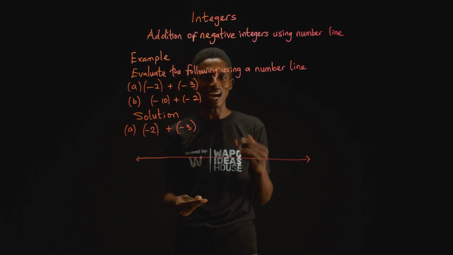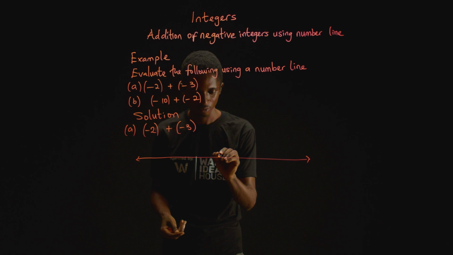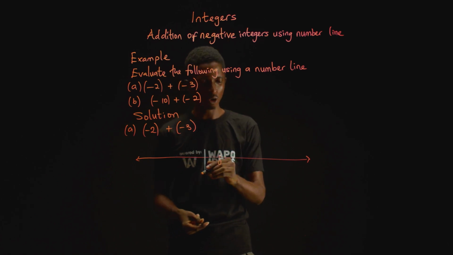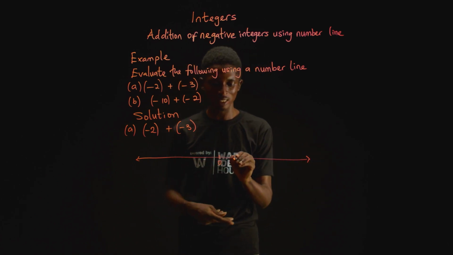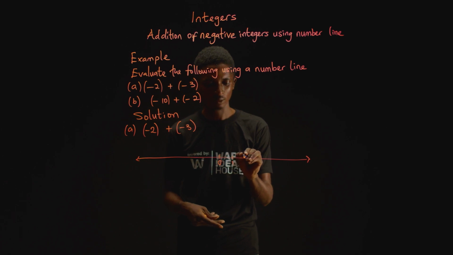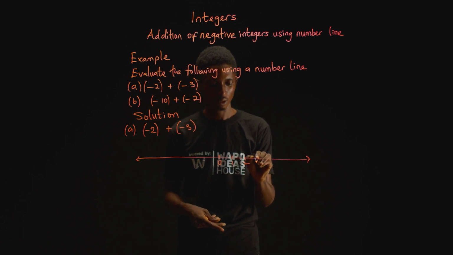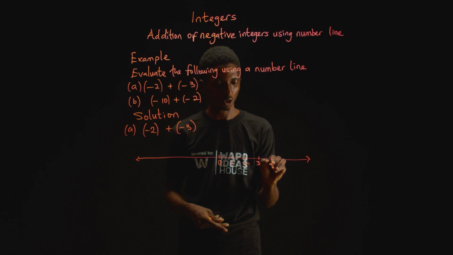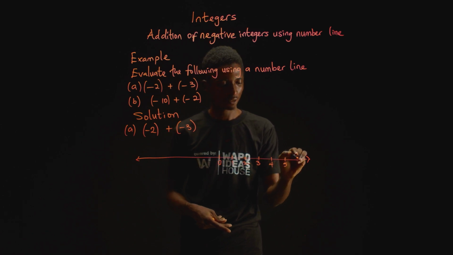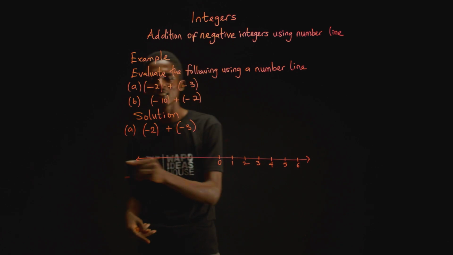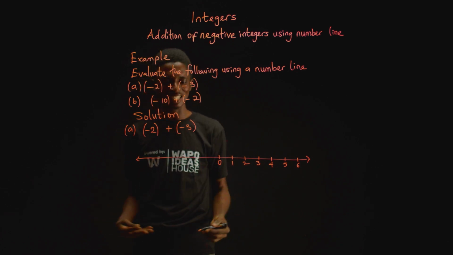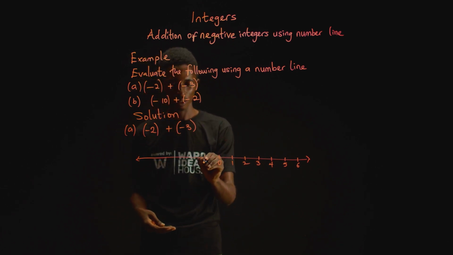Always do this at regular interval. That is 0. To the right, we have the positive integers as 1, 2, 3, 4, 5, 6. And to the left, we have our negative integers.